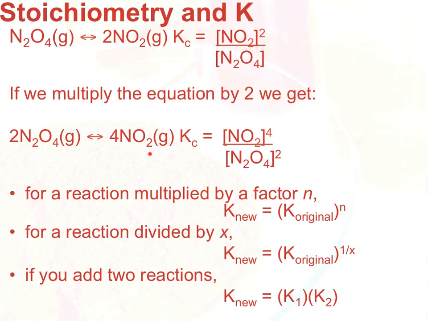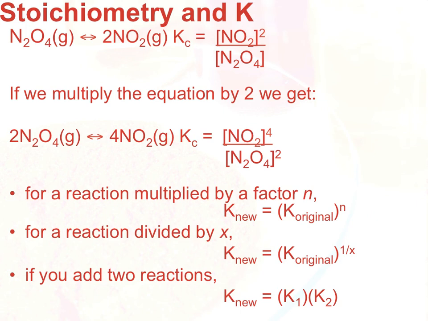Because we've multiplied this equation through by 2 in order to derive that one. In that same way, guys, if we were to divide this equation by, say, 2, we are going to take that original value and raise it to the 1/2. If we divide it by 3, we'd raise it to the 1/3, etc. And if we did that, obviously we'd get our K value for our new expression.